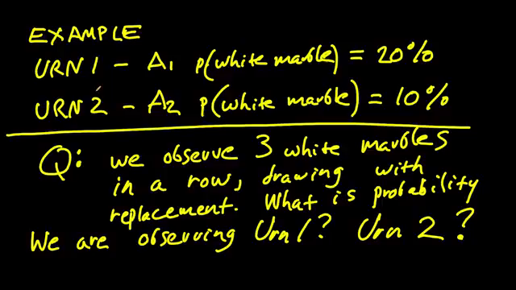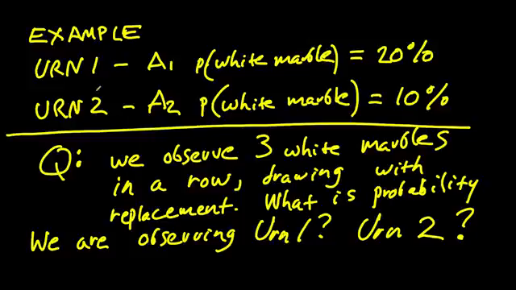Okay? So we're going to look at an example, which is, let's say that we have two urns, and one has 20% white marbles and one has 10% white marbles. We observe 3 white marbles in a row being drawn with replacement from one or other of the urns, but we don't know which urn we are observing. What is the probability that we are observing urn 1, and what is the probability that we are observing urn 2?